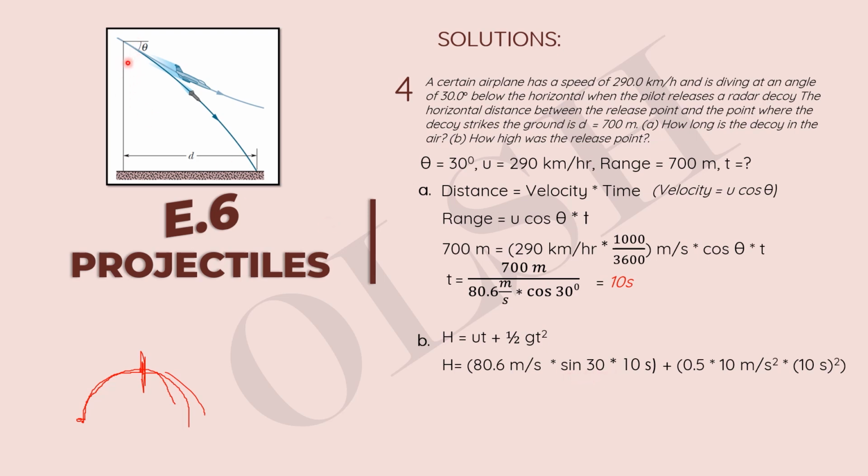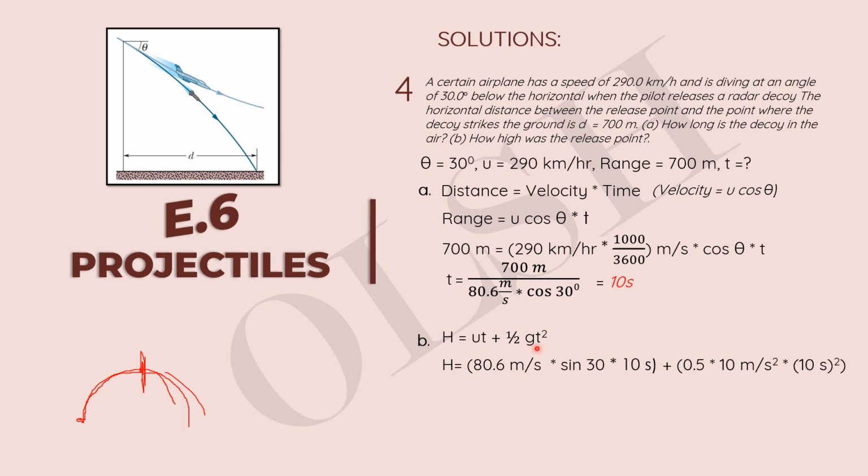Sine 30 because we are trying to get the vertical component of that velocity. I'm sure we're used to that by now. When we're dealing with the vertical component, we use sine theta, if that theta is the angle the component makes with the x-axis. We can see that theta here is the angle with the x-axis, so we use sine for the vertical component.